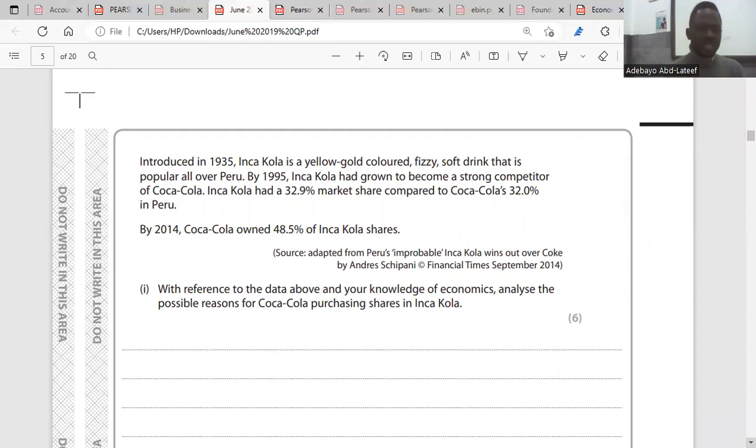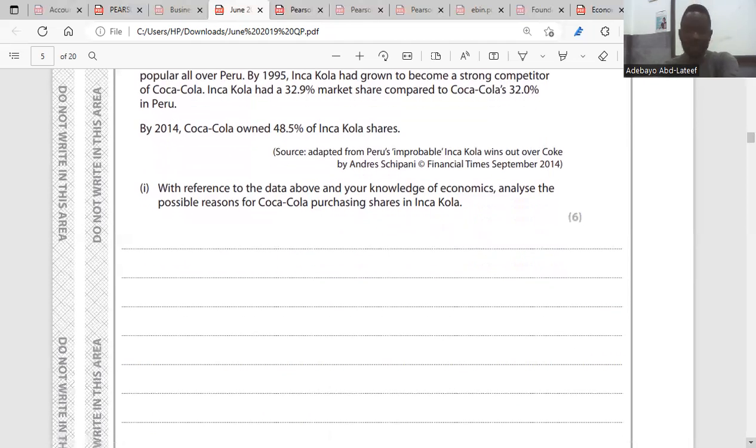All right. The question says, with reference to the data above and your knowledge of economics, analyze the possible reasons for Coca-Cola purchasing shares in Inca Cola. What can be the reasons why Coca-Cola bought shares in Inca? The first reason, based on what we read in the abstract, is that Inca Cola is a strong competitor for Coca-Cola.